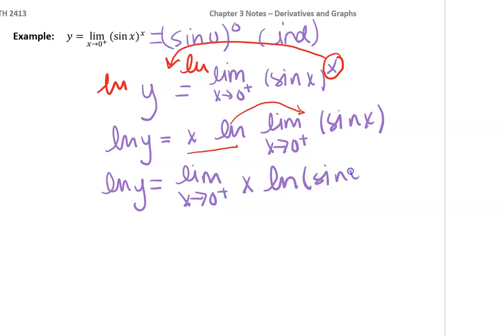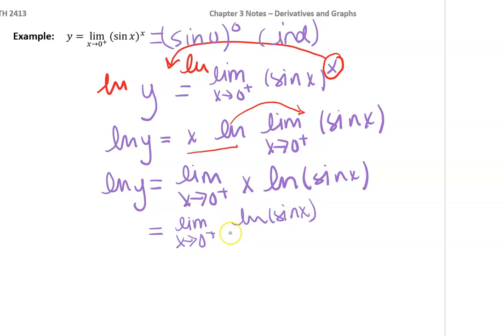Similar to the same problem, I'm going to rewrite this as a rational function, and I'm going to just leave ln y on the left, and we'll come back and address that. So I have the limit as x approaches 0 from the right of ln of sine x.